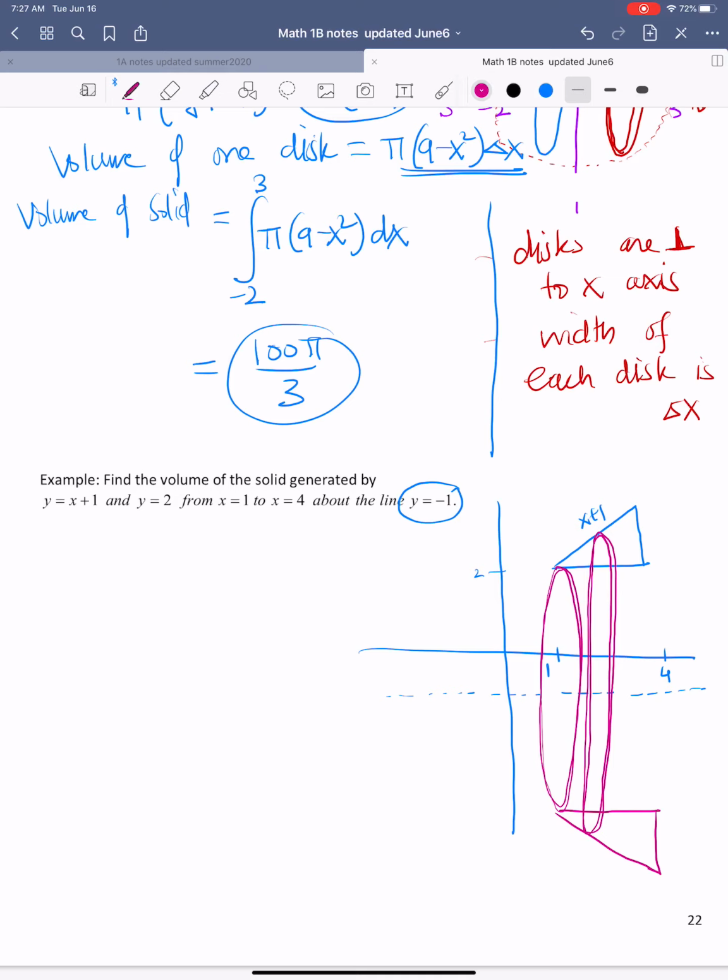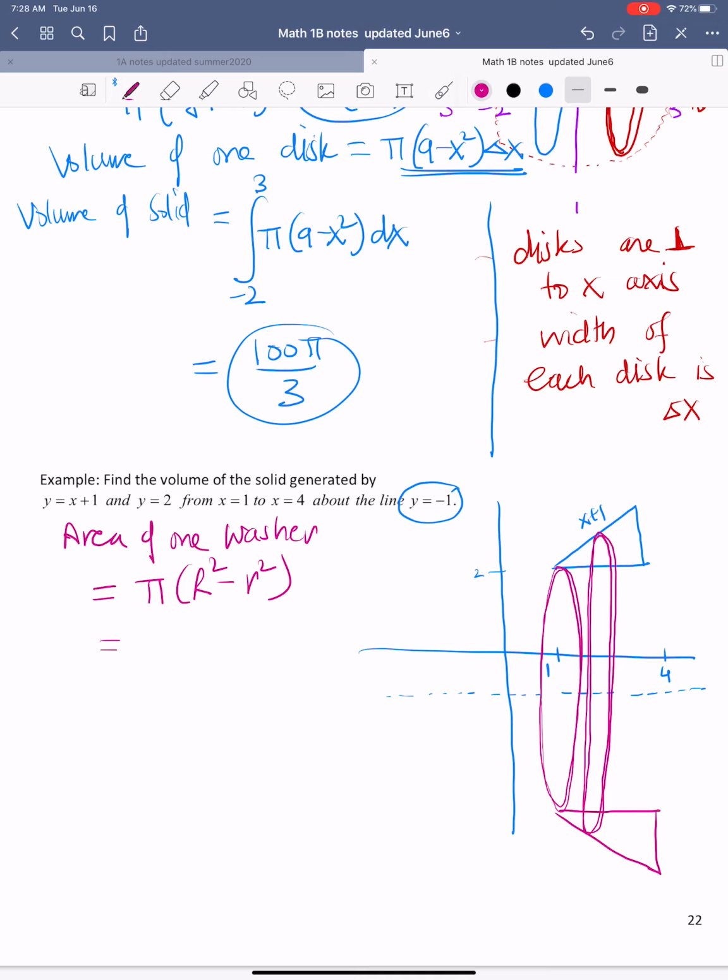All right, so let's go ahead and think about the area of one washer. What's the area of one washer here? Well, because we are dealing with washers, we have an outer radius and an inner radius. The outer radius is defined by x plus 1.